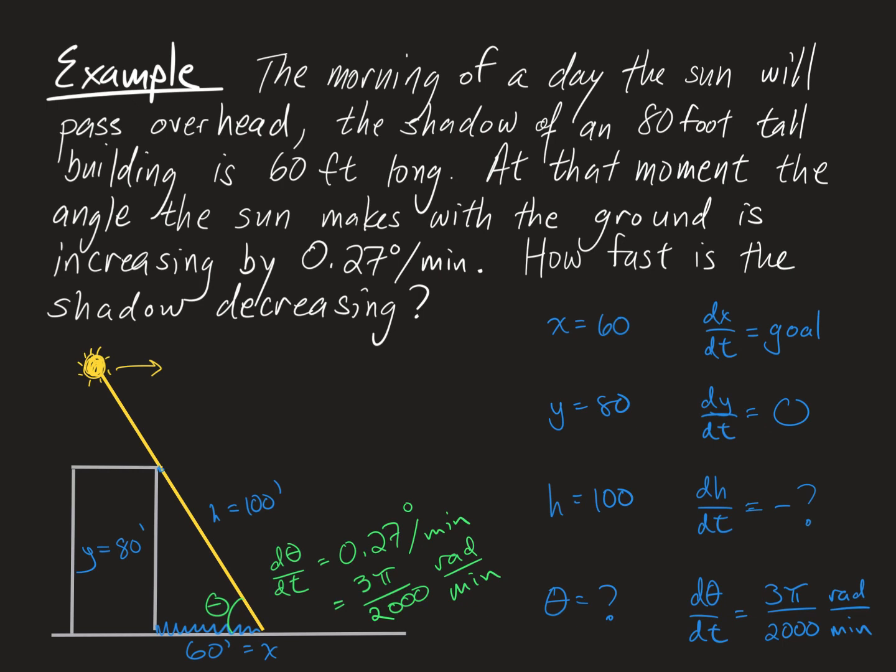So the next thing we want to do is figure out which equation we want to use. We want to relate something with this angle and with this edge, because when the derivative is 0, things will simplify more easily.